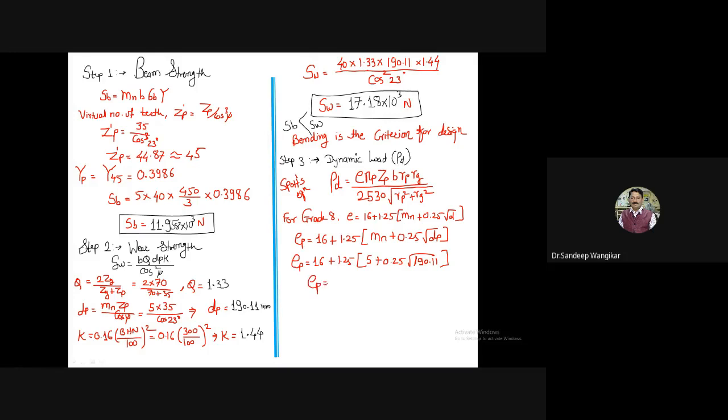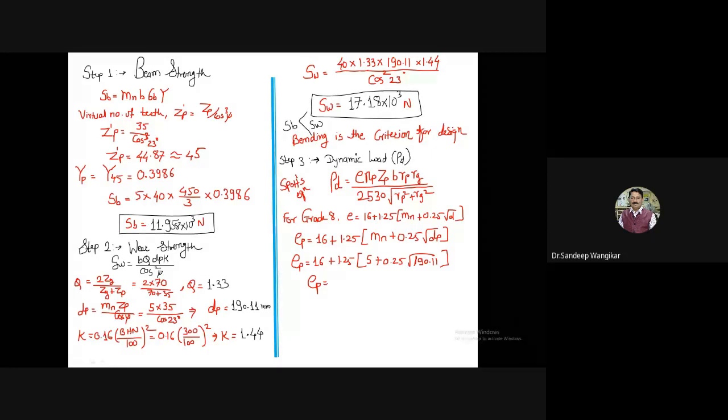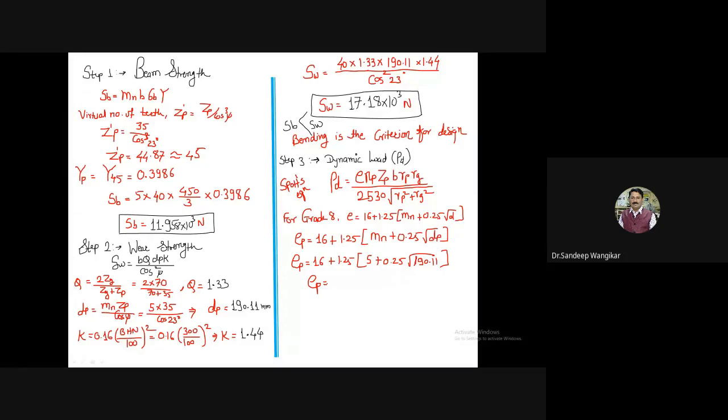Tell me the value for error for pinion, EP. This value you will get in micron, and then we will write in mm also. Tell me the value in micron. First EP value error for pinion.